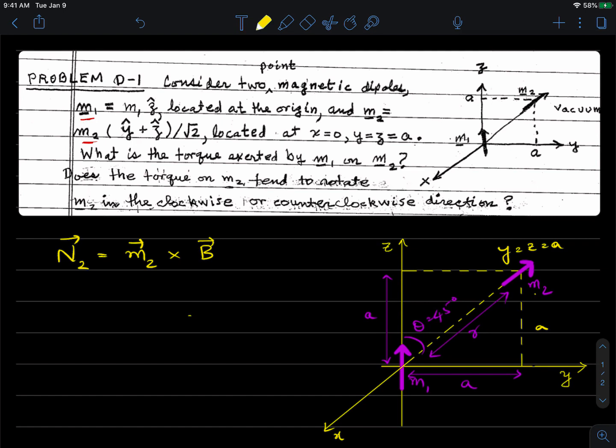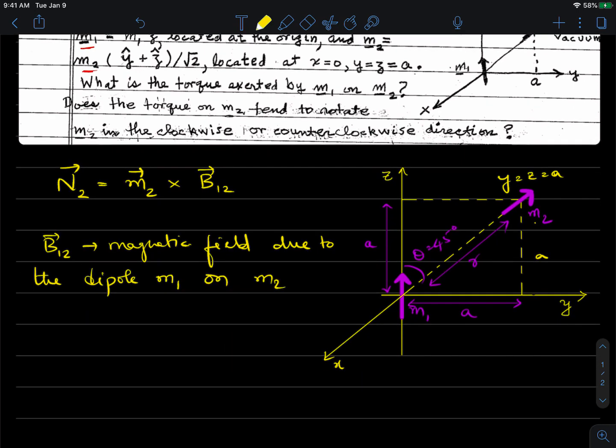Now this magnetic field is due to m1, so let's call this B12. So B12 is the magnetic field due to the dipole m1 on m2.